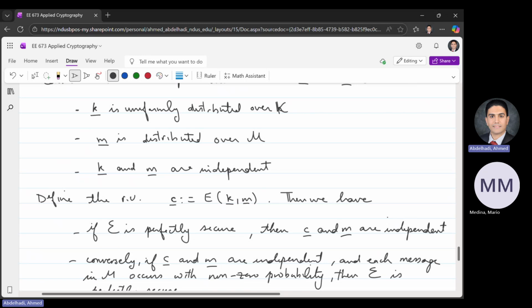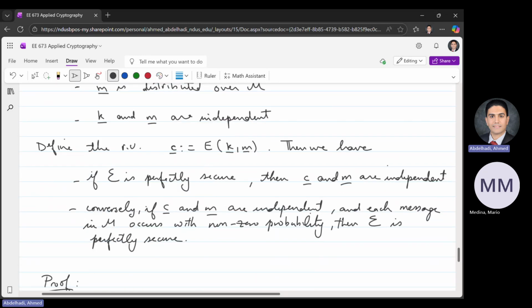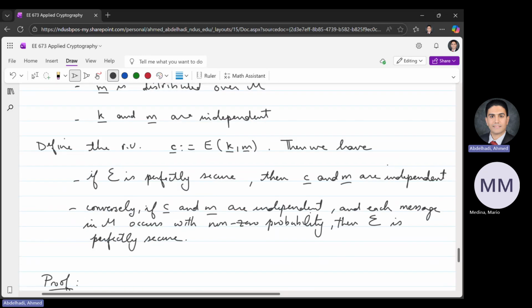So if E is perfectly secure, then here is the result: the ciphertext is independent of the message, which is what we want, right? We want the final ciphertext to be different from, or not related to, the plaintext. This way we make sure that we have a secure system. This can also be proven the other way around.